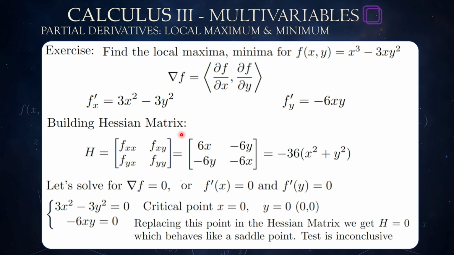You place them within the Hessian matrix. You get the value. Then you replace x and y, if valid, by the coordinates of the critical points in order to get how the function is behaving at the second derivative. If it is a saddle point or if it's going up or down. We are checking the concavity, as we mentioned before, because the second derivative gives us the concavity of a function.